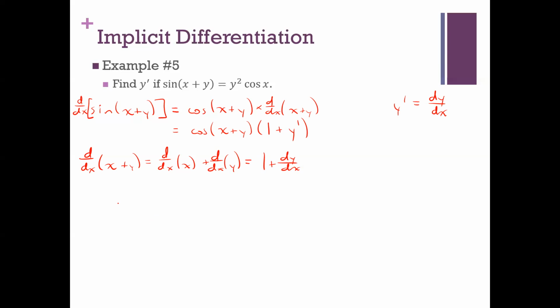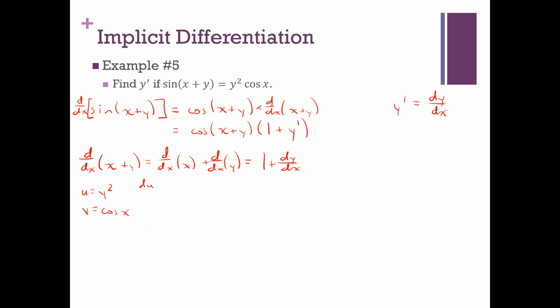All right, right-hand side, y squared cosine x. How can we handle that? What rules do we need? Go ahead, Thomas. We're going to need the product rule, right? Let's call it u and v again. The most logical way to split those up is u equals y squared and v equals cosine x.